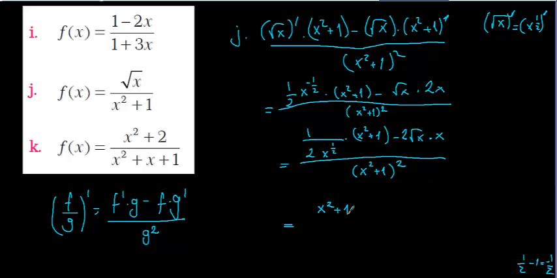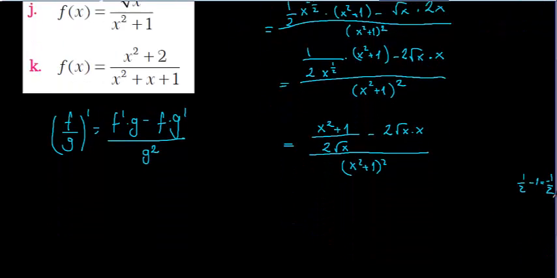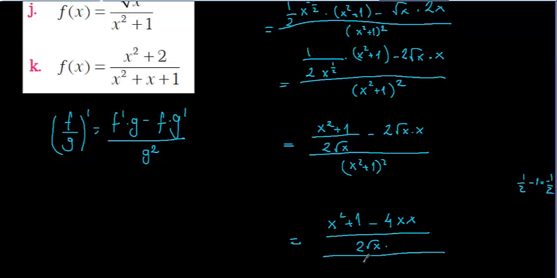This expression is going to be x squared plus 1 over 2 times root of x, minus 2 root of x times x, over x squared plus 1 squared. Here we can multiply by 2 times root of x, and it will be equal to x squared plus 1 minus 4 times x, since root of x times x is x times this x, all over 2 root of x times x squared plus 1 squared.